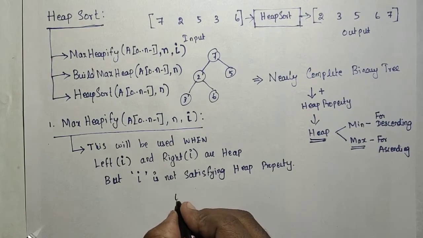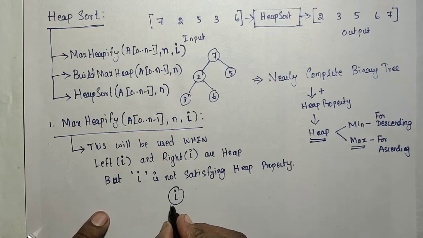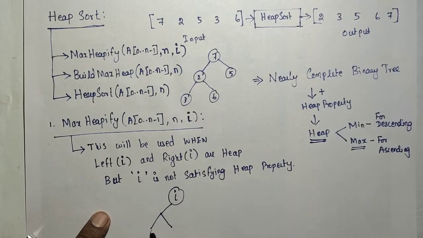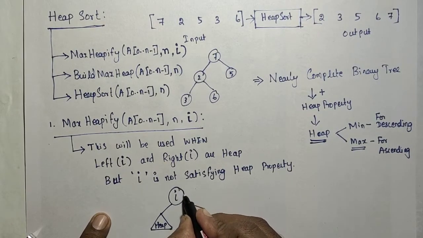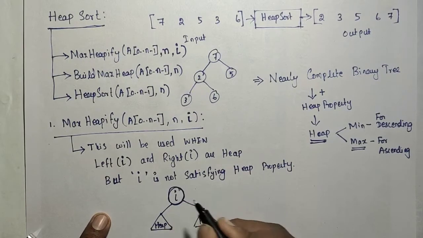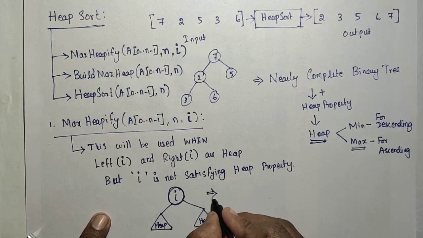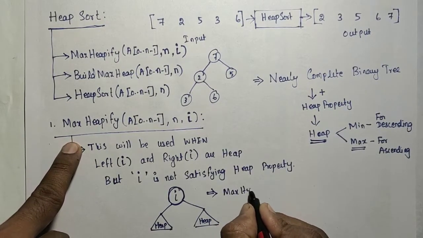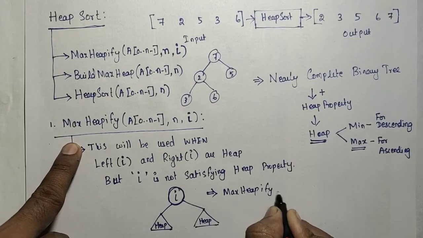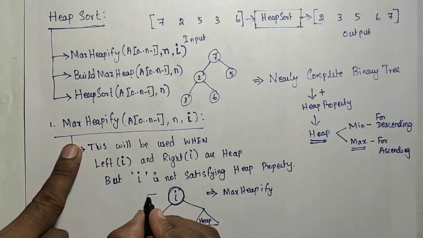That is the ith node, and the left of that ith node is a heap, the right of that ith node is already a heap. Now the ith node is not satisfying the heap property, so in that case you can apply max heapify.